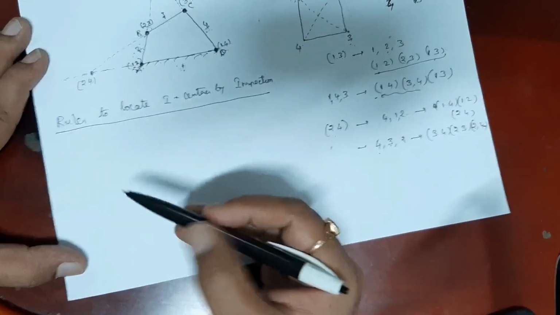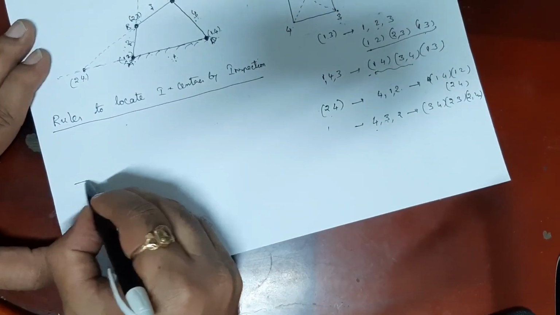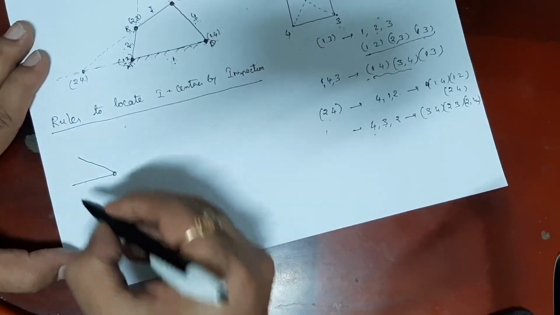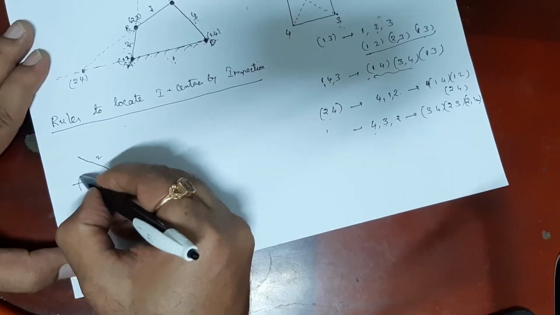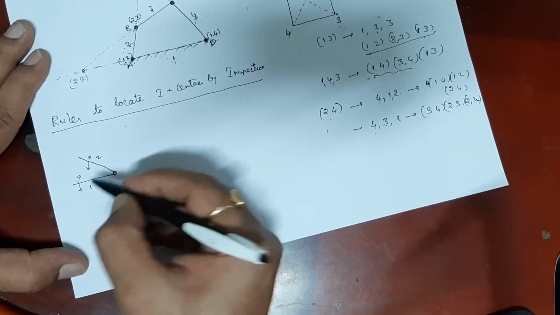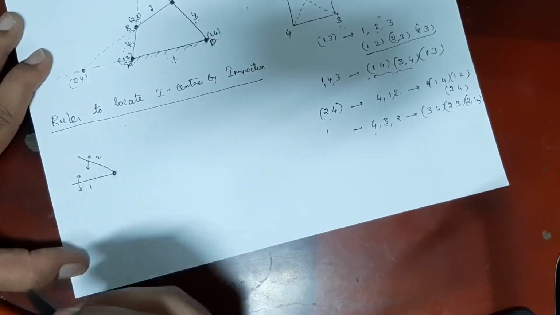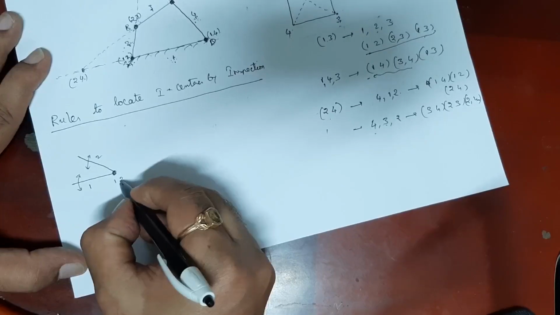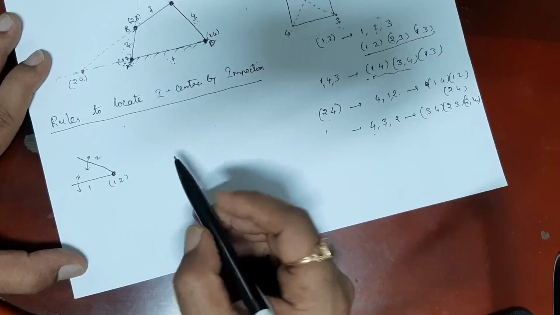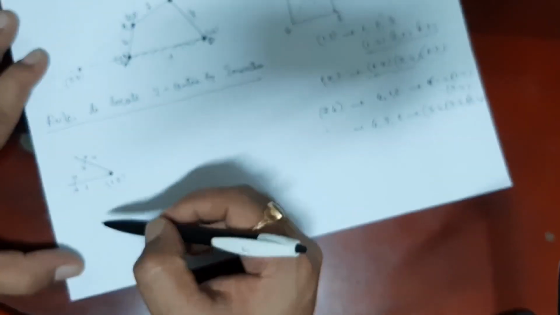Now, if two links are connected by a hinge joint, this is link 1 and this is link 2, and there is relative motion between links 1 and 2. Since they are connected by a hinge joint, the instantaneous center 1 2 will be at the hinge. In a pivoted joint, the center of the pivot is the I center for the two links.